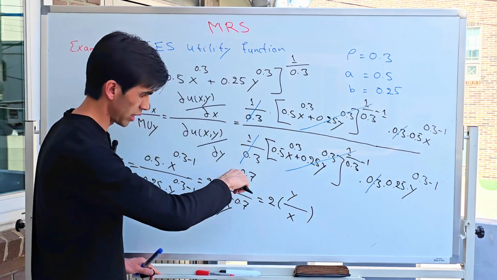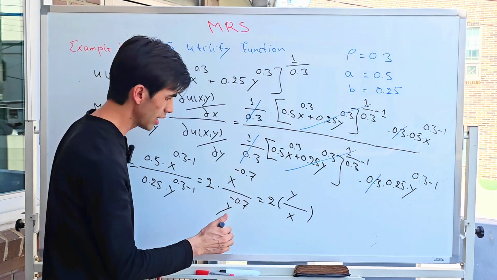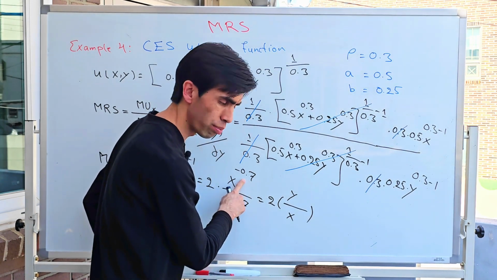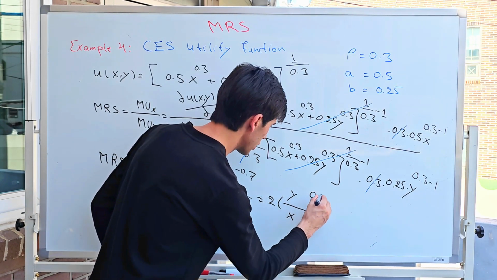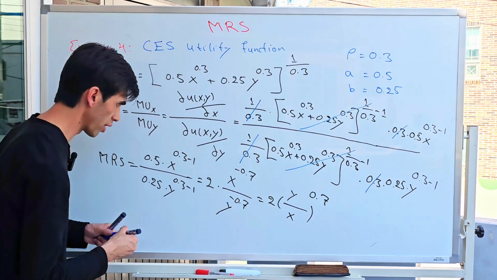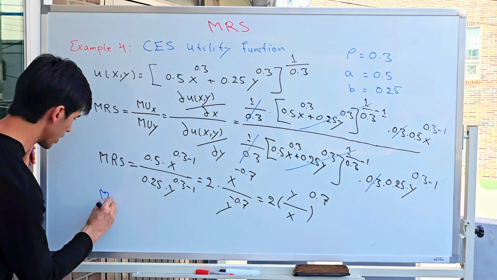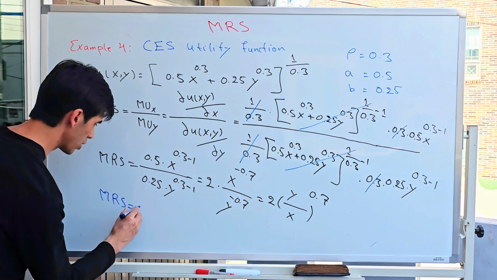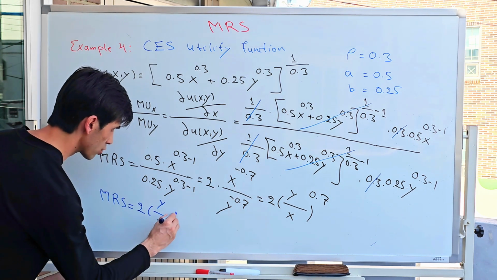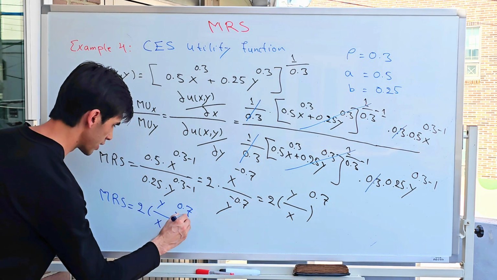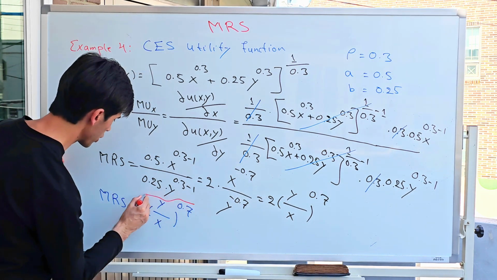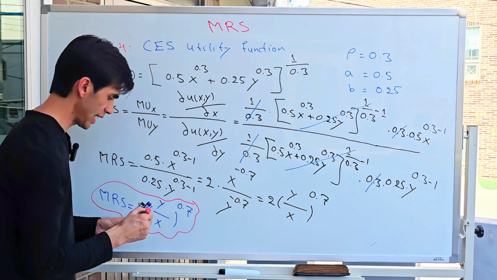We move y to here and x to here, so the power changes to positive 0.7. So finally, the marginal rate of substitution for this CES utility function, MRS, is equal to 2 multiplied by y divided by x to the power of 0.7. So this is the marginal rate of substitution for this CES utility function.